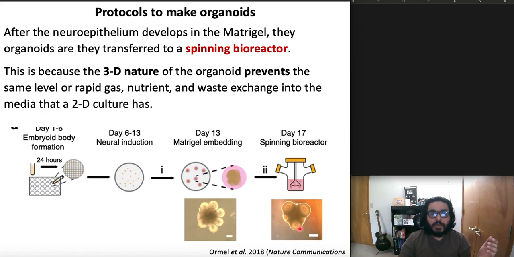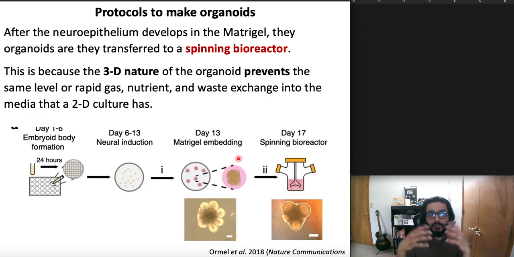And so you need these bioreactors to help circulate gas and keep the media and nutrients moving more rapidly around the organoids and allow for better diffusion into the center.